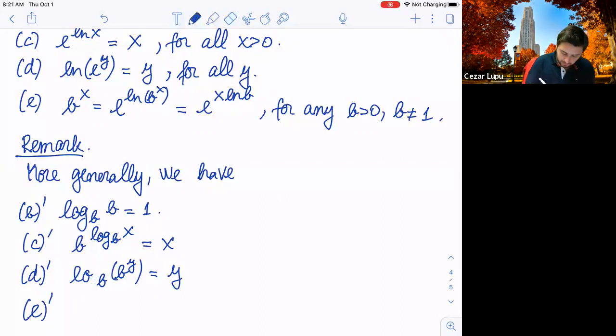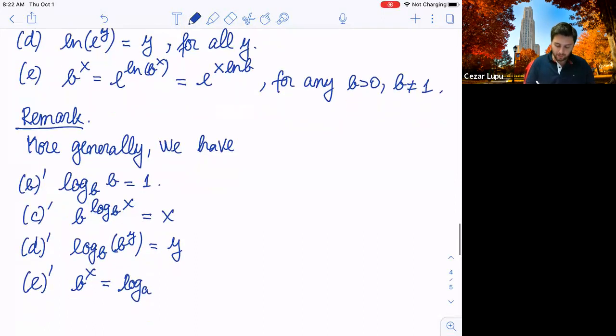B to the X, you can write this as log in base A of A to the power B to the X, right?